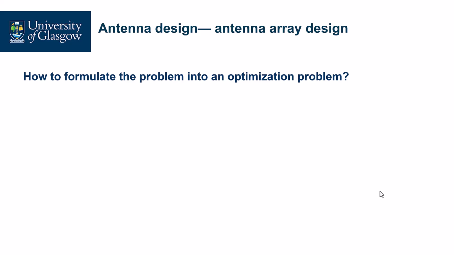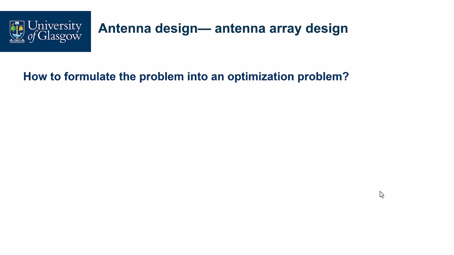According to what we have just learned, should the SLL be set as an objective or a constraint? It is an objective, because the designer is not sure if he can meet minus 20. If he cannot, he or she needs to see how small it is and decide the next step. This means we want to minimize the SLL. The directivity and the gains at 180 degrees and 80 to 120 degrees are the constraints, so we meet the specifications.